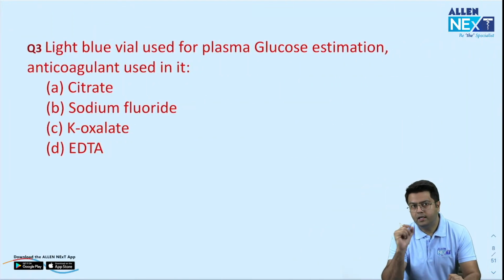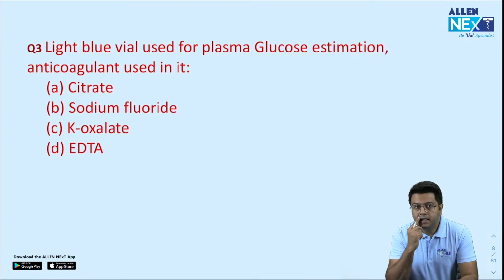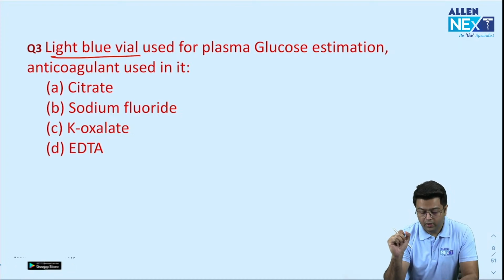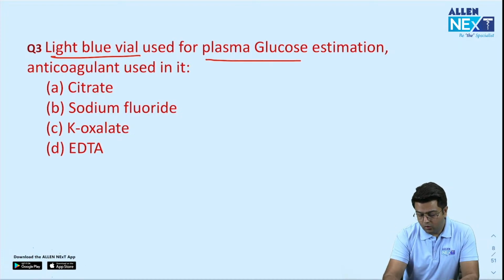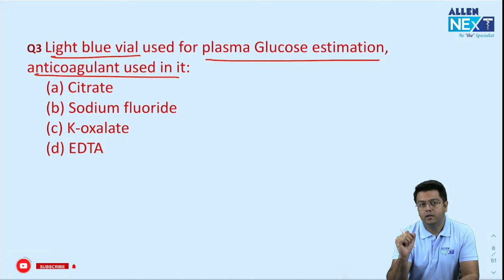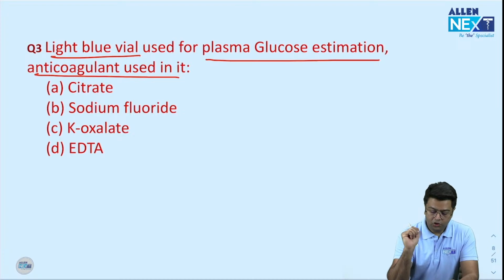There was a question which made everyone think twice or thrice, because the question said the light blue vial is used for plasma glucose estimation. So what is the anticoagulant used in it? Okay, so guys, look at this question.